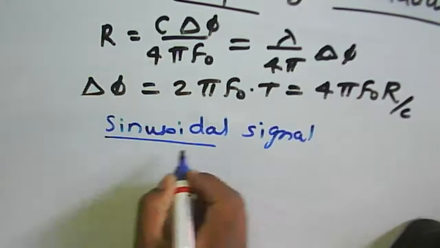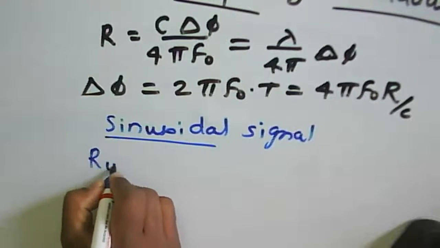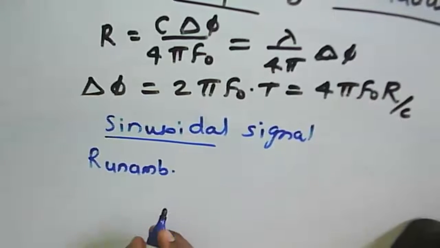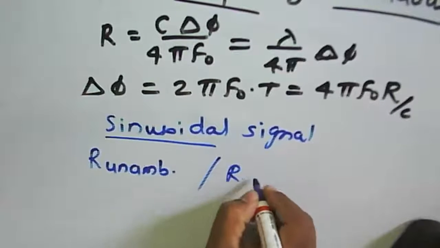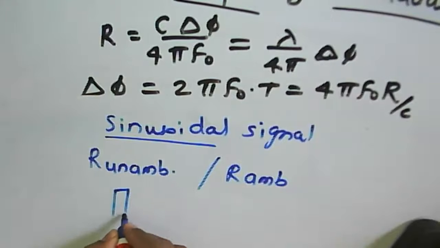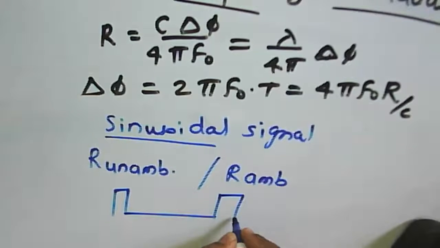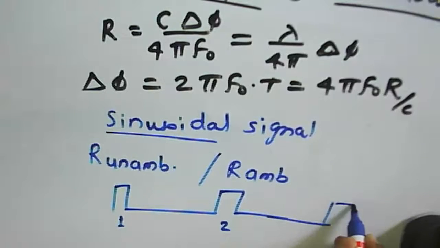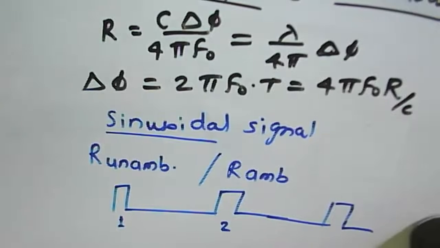Then what will be the unambiguous range? What will be the ambiguous range? Okay, so if we consider these two pulses that we are transmitting, we transmit the pulse, this one is the second pulse, then the third pulse, like that.